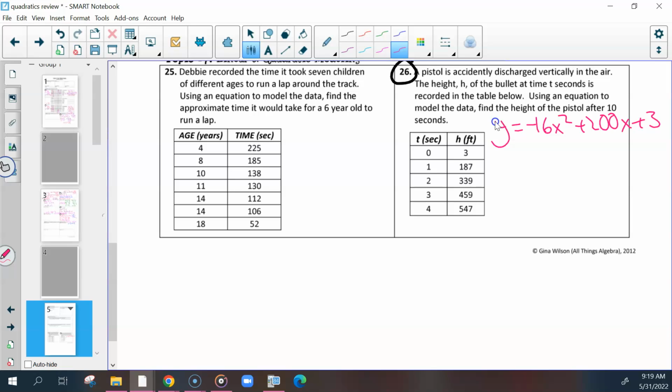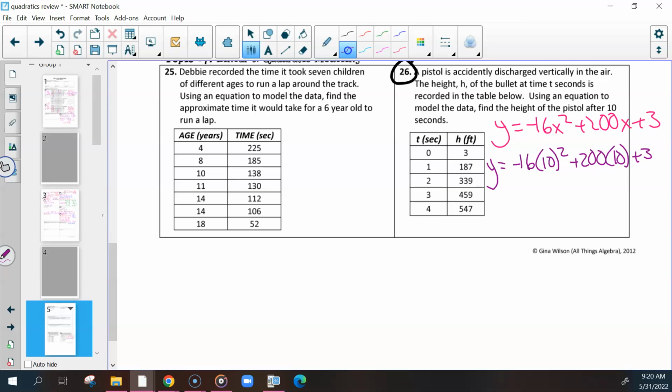For this next part, you need to write this as if you were going to do it algebraically, but you don't need to actually do it algebraically. You need to put 10 in for all of your x's. It says after 10 seconds.